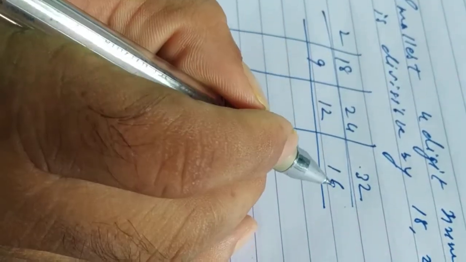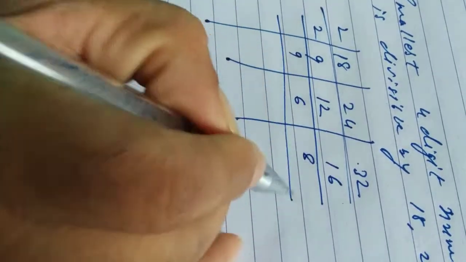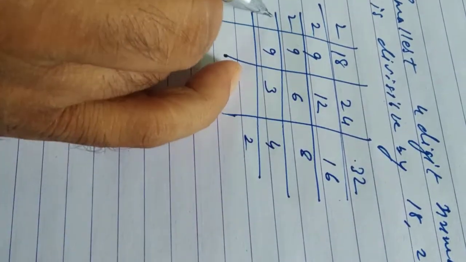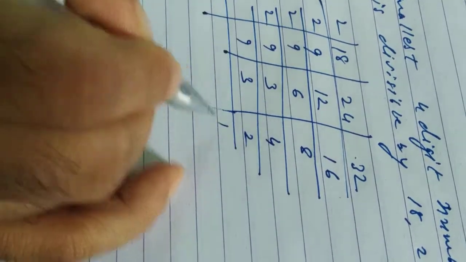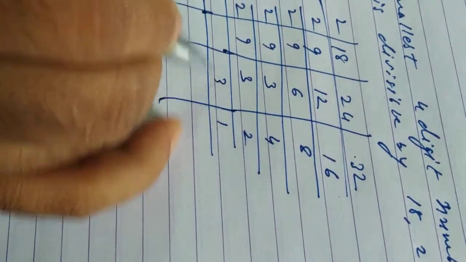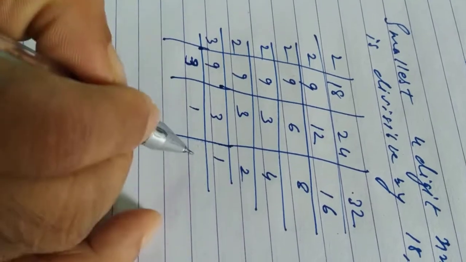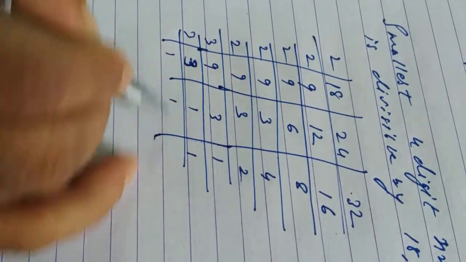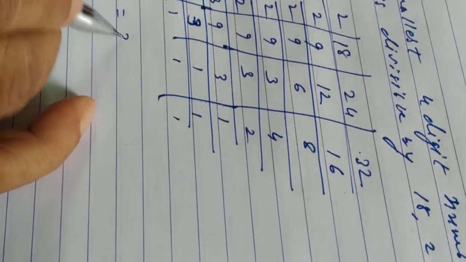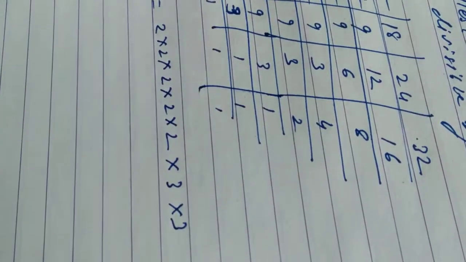Again 12 and 16 can be divided by 2. 3, 4, 6 and then 2s again, 3, 2, 3. So how many times is 2 used? 1, 2, 3, 4, 5 times, and 3 is repeated twice.